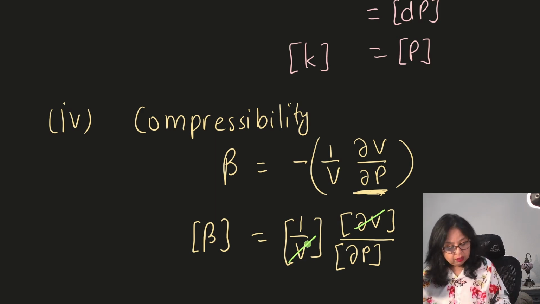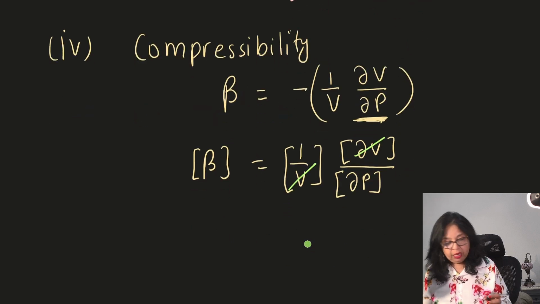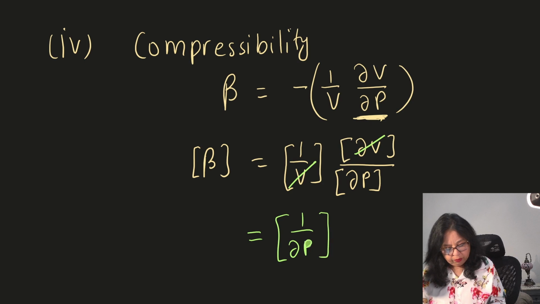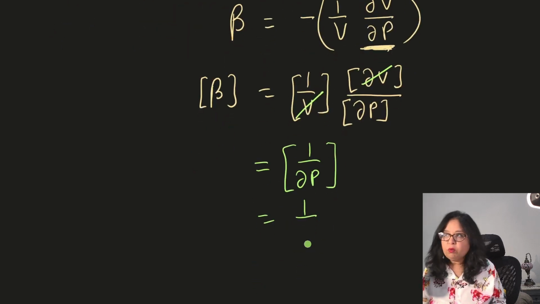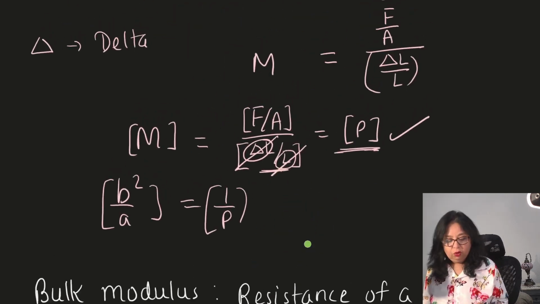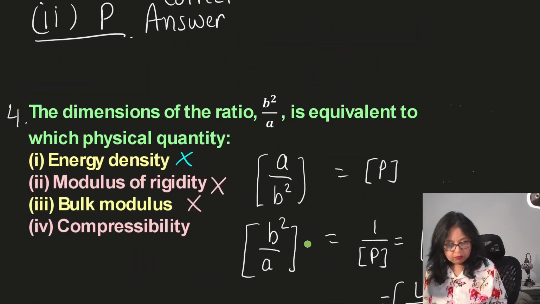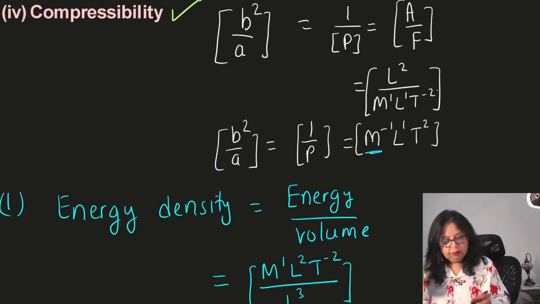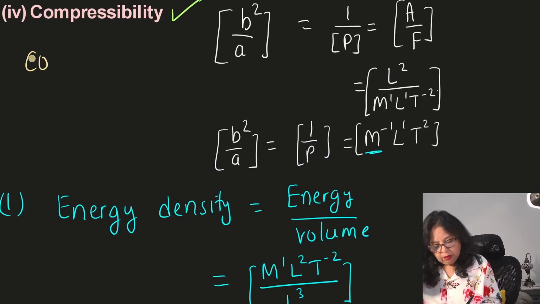So the dimensions of these cancel each other out. And what are you left with? Dimensions of 1 over del P, which is the same as the dimensions of 1 over P. Your answer is compressibility. And the correct answer is compressibility.